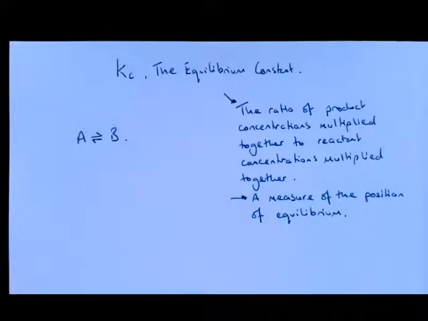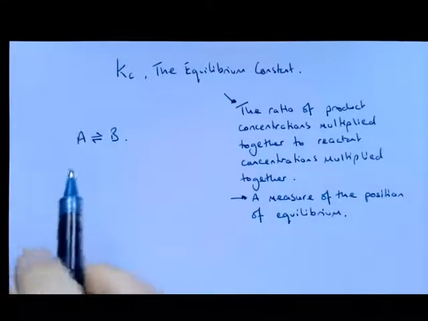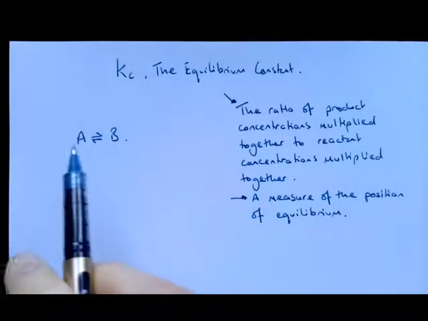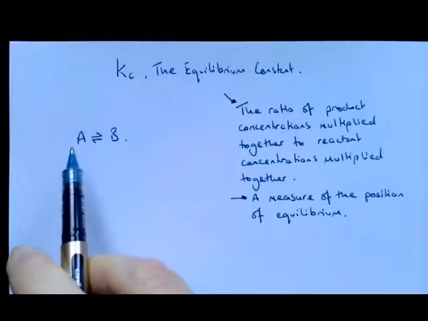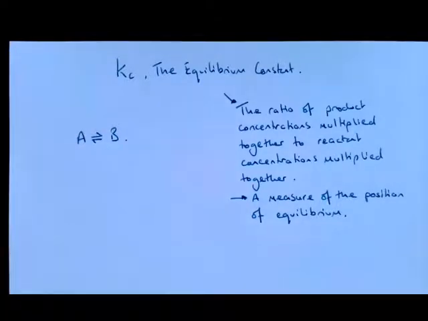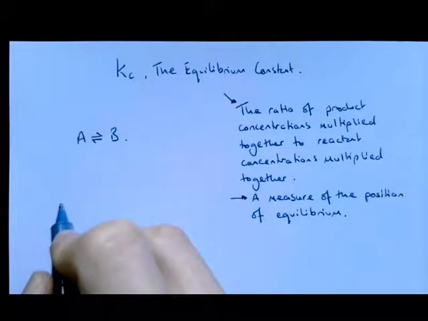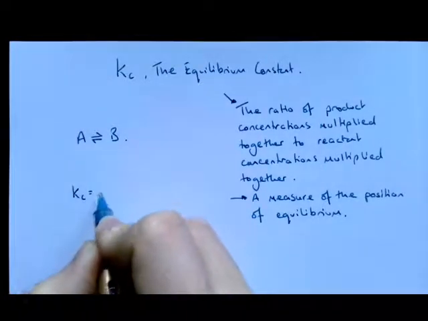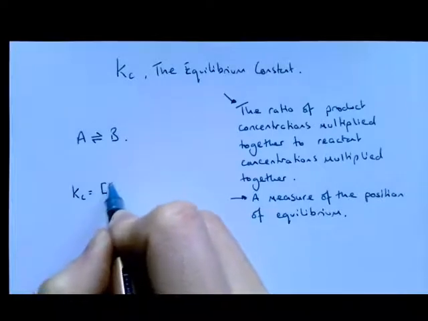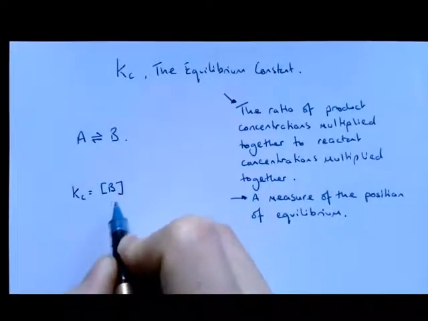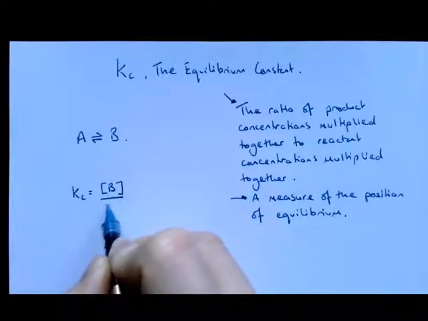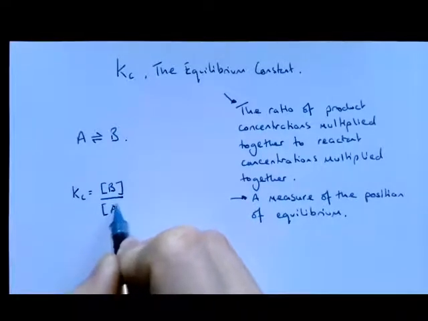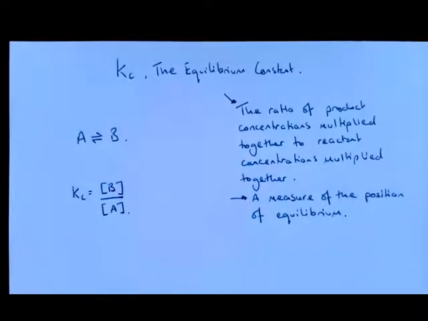All right. So we're going to start with the simplest possible equilibrium reaction, which is just one reactant and one product. And the equilibrium constant for this situation would be simply the ratio of the concentration of products to the concentration of reactants.